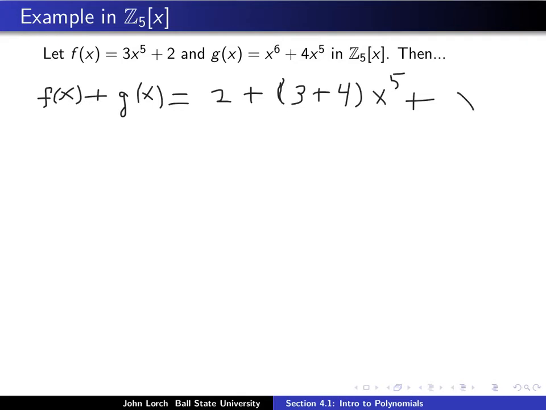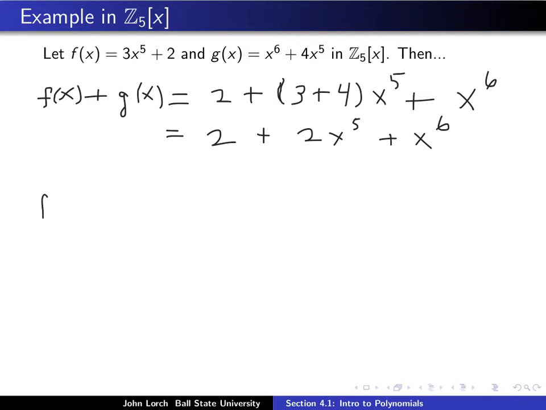So we just get one of them overall. And then we remember that we're working over Z5, and 3 plus 4 is equal to 2 in Z5. So this is just 2 plus 2x to the 5th plus x to the 6th. And that's the sum of those two polynomials.